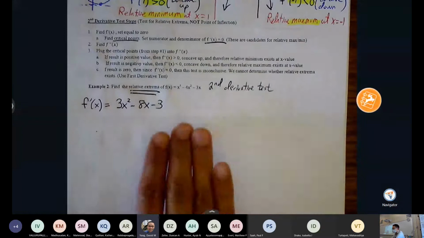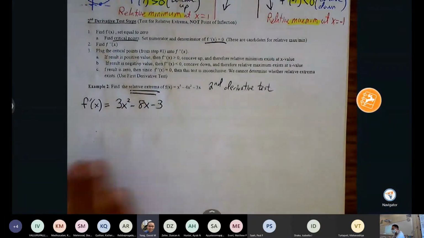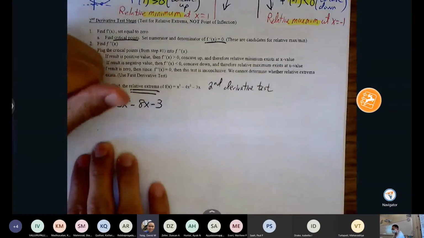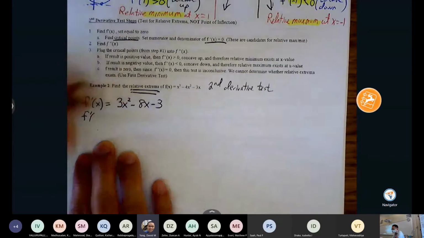We're still going to set f prime equal to 0. We're still going to find critical points. So your initial step is going to feel just like your first derivative test, because we're achieving the same thing. We want to find maxes and mins, and that's going to come from f prime equal to 0.